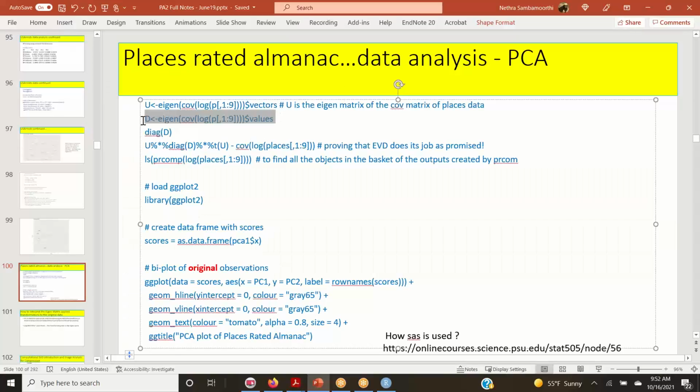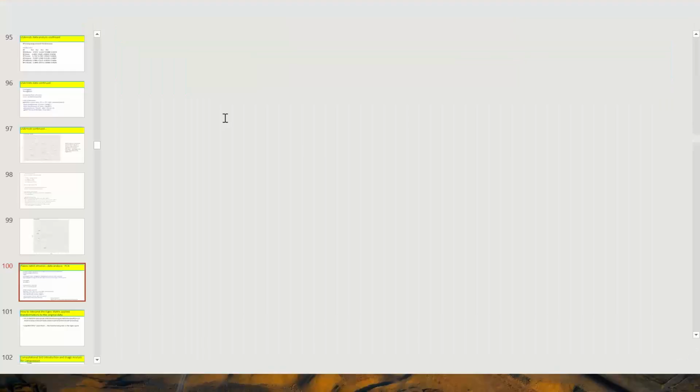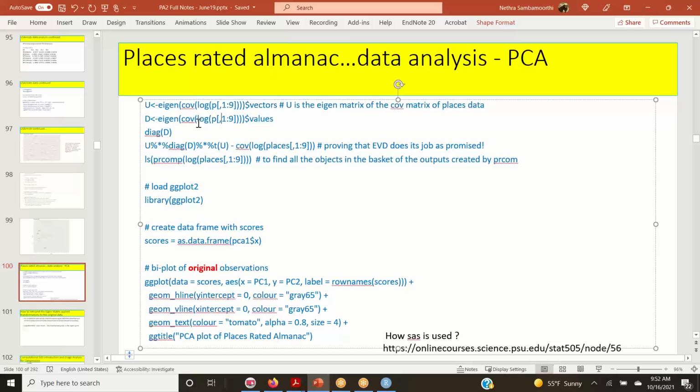Everybody's good? Understood? So same logarithm of the places values, attribute values, nine attributes. So I take the log values and then do a covariance matrix. So it's a 9 by 9 matrix, and then I'm doing the eigen function for that, and then pick up the values there and put it in D. Everybody's good?